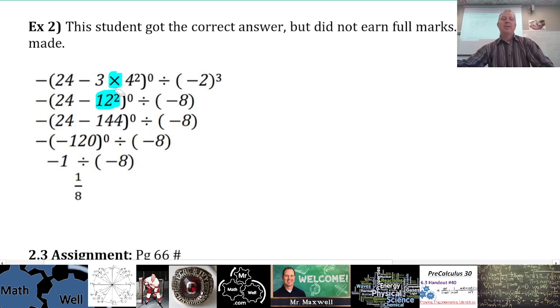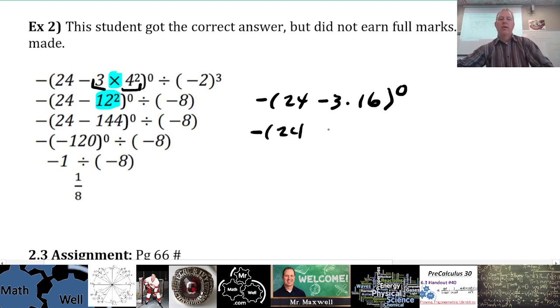So what should have happened here was it should have looked something like this. The second row should have looked like this: 24, and then we should have done this first. So it should have been 24 minus 3 times 16. Okay, so that should have been this part here, and that would have been 24 minus 48, to the power of 0.